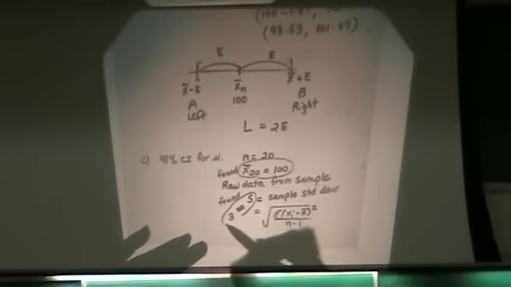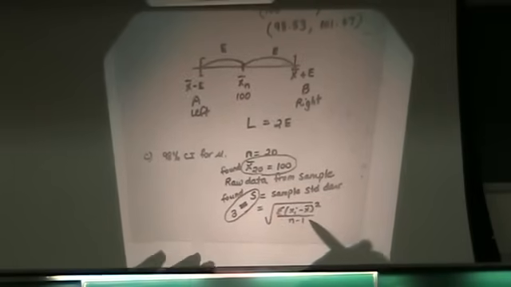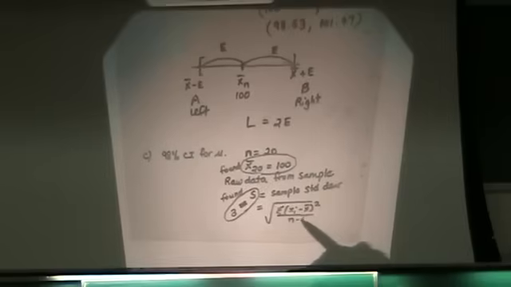Let's say S is 3. So X bar turns out to be 100, and S turns out to be 3. And I use this formula to find S from the data. You're following me, right? So this time sigma is unknown for the population.